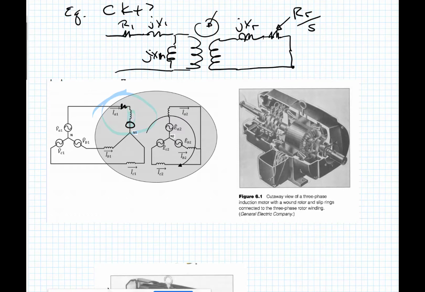This would be the rotor resistance divided by the slip. So if the slip goes down, this goes up. If the slip goes up, it goes down. The resistance changes on the rotor side with slip, and this includes the losses, everything.